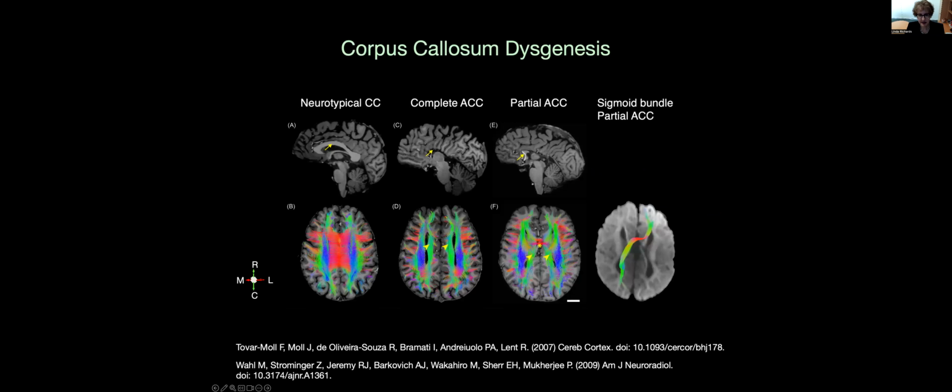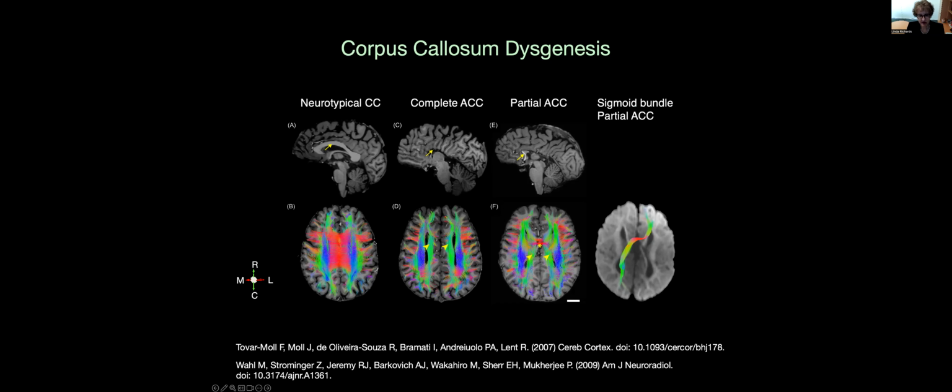So here you can see different people with sagittal T1 weighted MRI images. You can see the neurotypical corpus callosum here, complete agenesis of the corpus callosum here, and a person with partial agenesis of the corpus callosum.